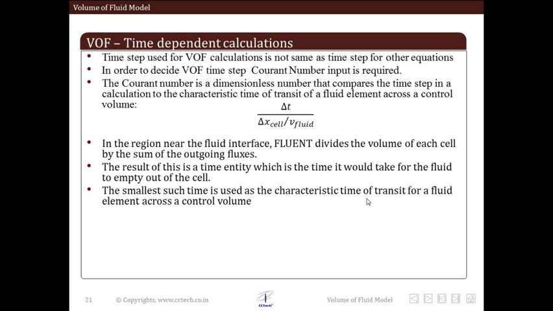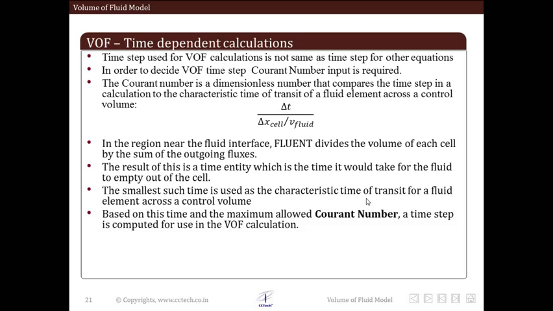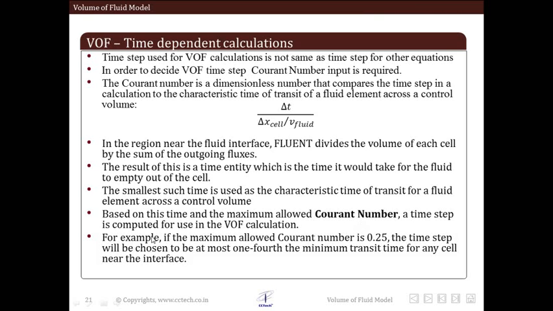But this characteristic time is not used as a time step. We give a maximum allowed Courant number, and based on the above characteristic time and this Courant number, a time step is calculated. Let us see for an example if the maximum allowed Courant number that we give is 0.25, which is also the default. Now when the characteristic time is calculated based on the above internal Fluent calculation, this Courant number value, that is 0.25 or 1/4, is used to calculate the time step.